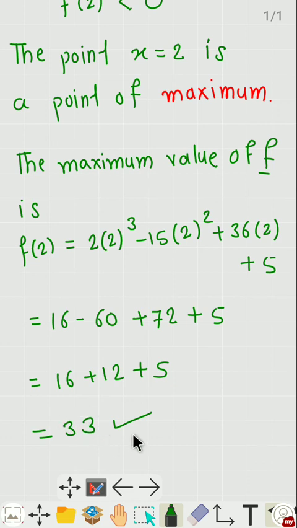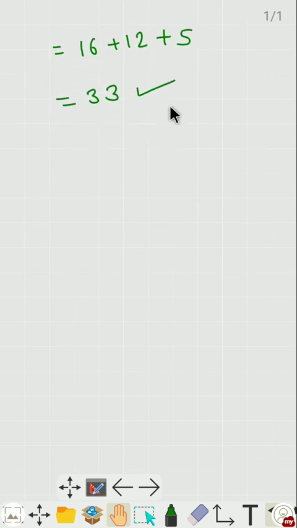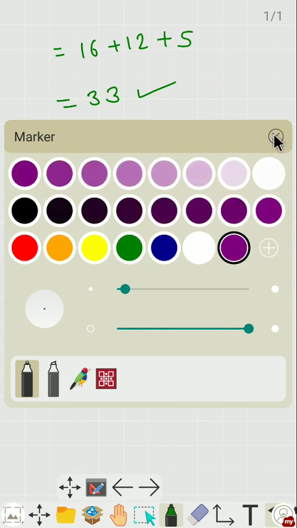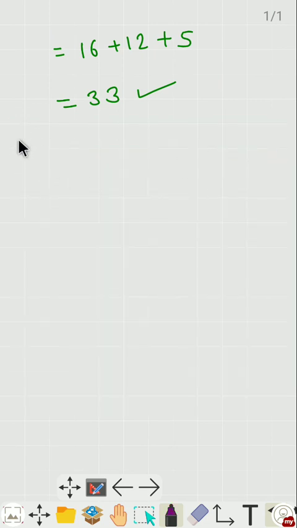Okay, now let us check the same thing for the next point. We write here now, put x is equal to 3 in f double dash of x.